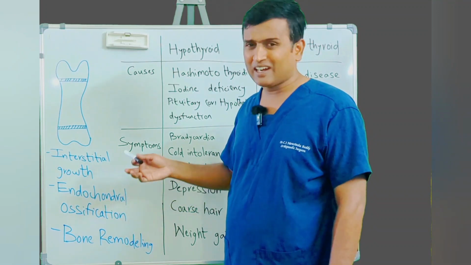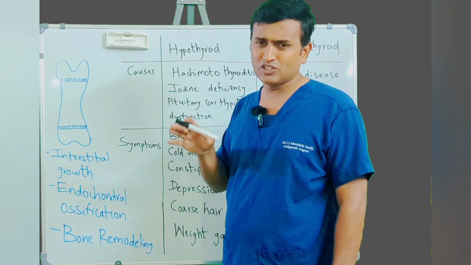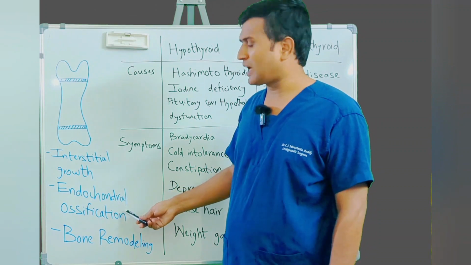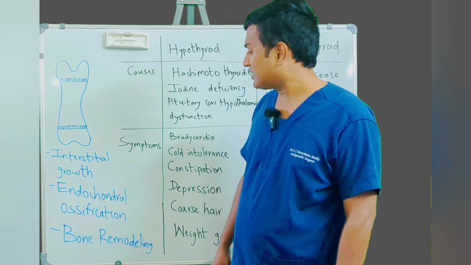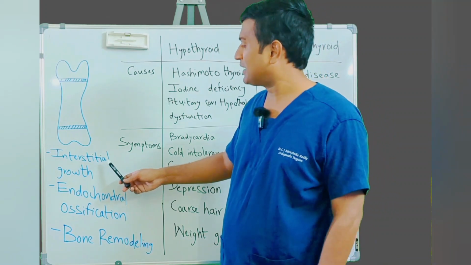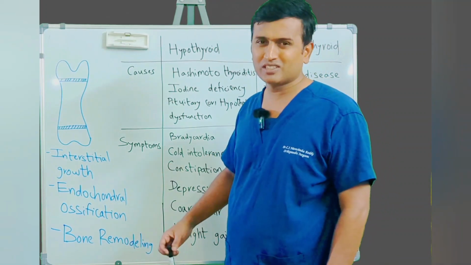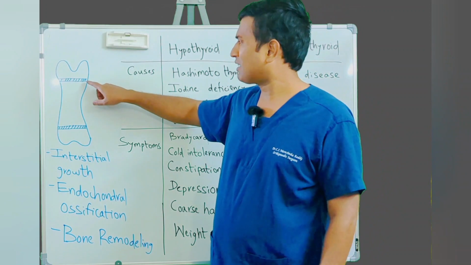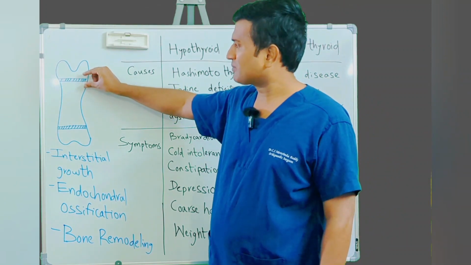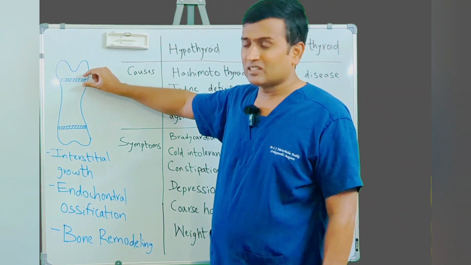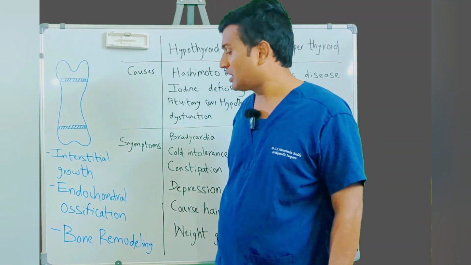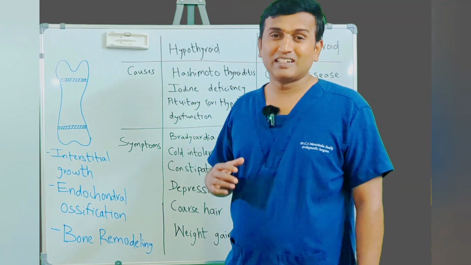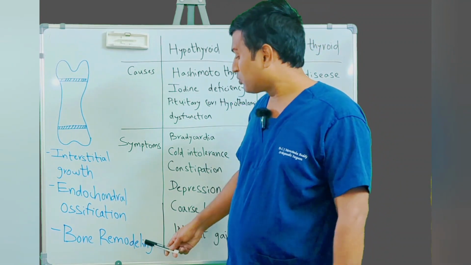That change from cartilage to bone, we call endochondral ossification. And it also helps in maintaining interstitial growth. What is this interstitial growth? Here we have the growth plate, and it helps in the growth in length. And thyroid has a direct effect on bone remodeling.